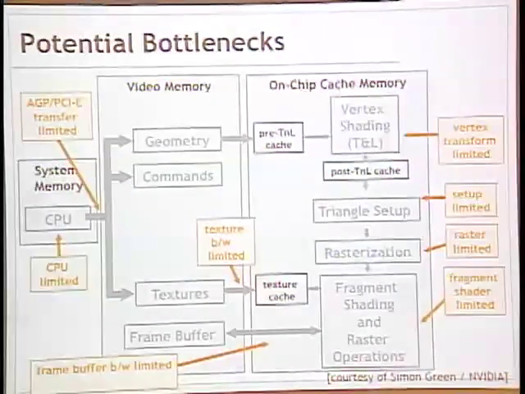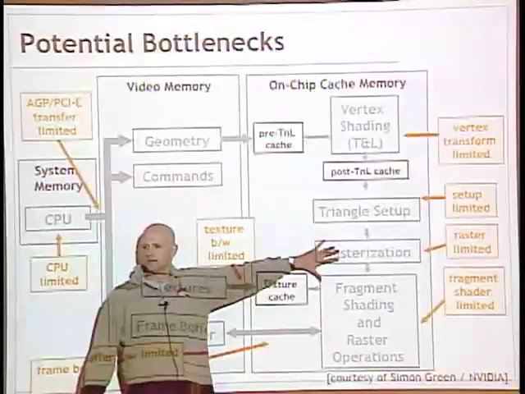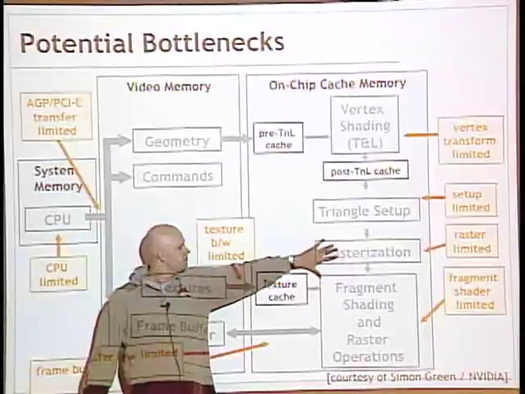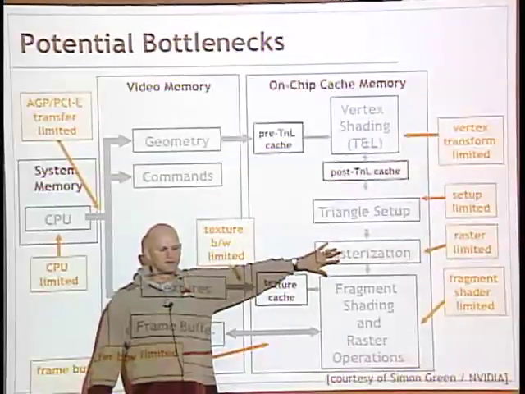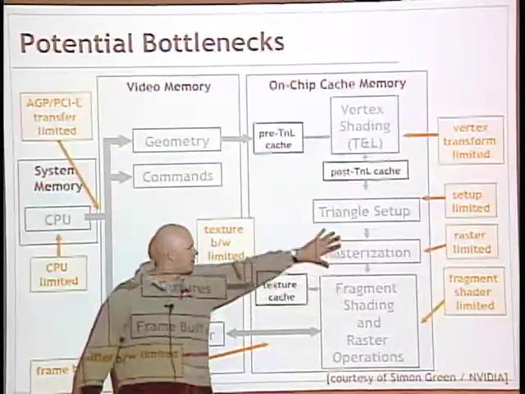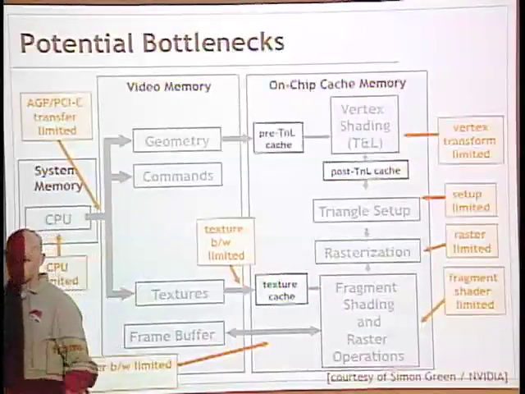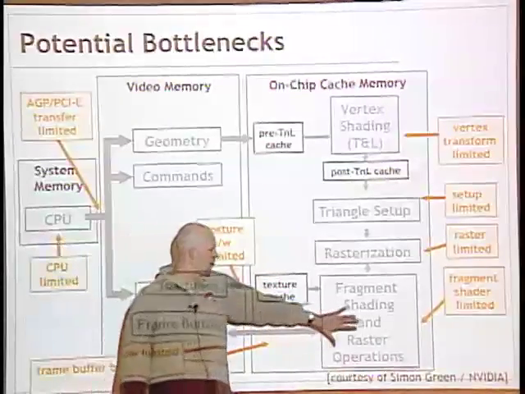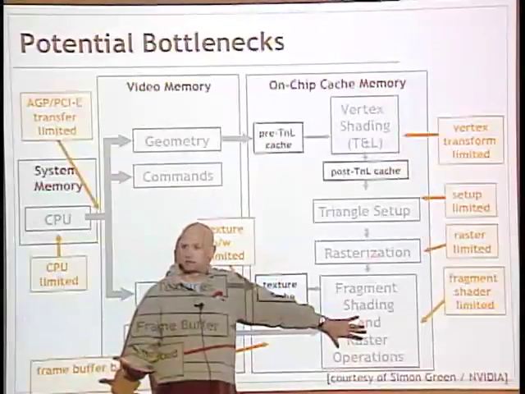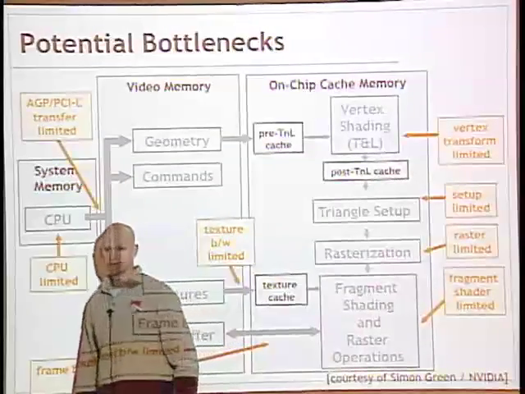One of them is raster operations, and what's the other one? Fragment shader. The fragment shader, right? These are the two things that have to do with the amount of work we do on every fragment. This one has to do with how complex the fragment program is. This one does not have to do with anything with the fragment program.